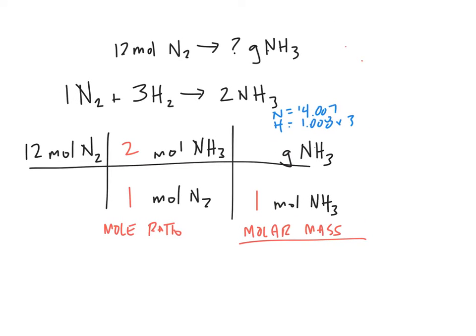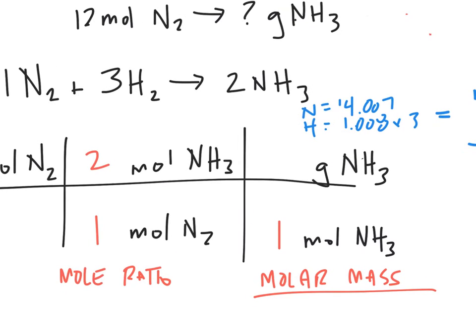Let me zoom out here a little bit. So 14.007 plus 3.024 gives us, was it 17 point something? Yeah, 17.03.